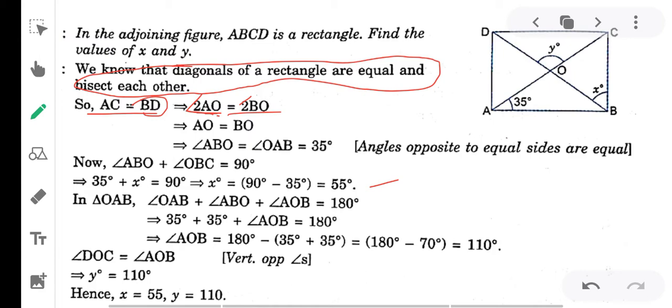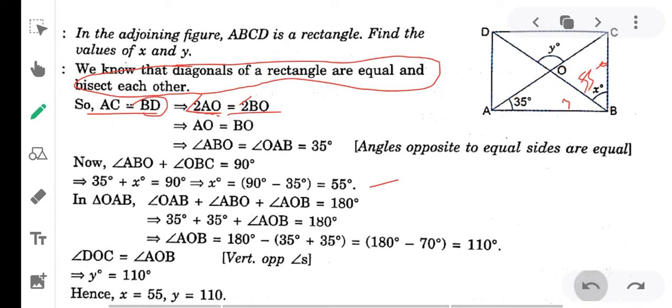So x equals 55 degrees and this is 35 degrees. In triangle ABO, these two angles are 35 and 35. Now this angle will be 180 minus 35 plus 35, that is 180 minus 70, which equals 110 degrees.